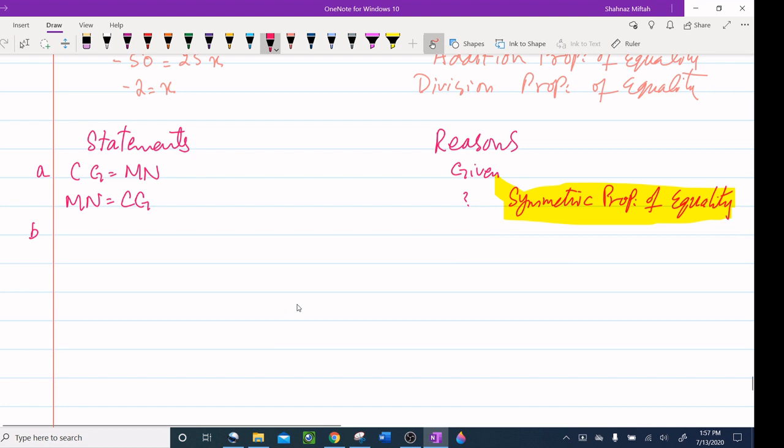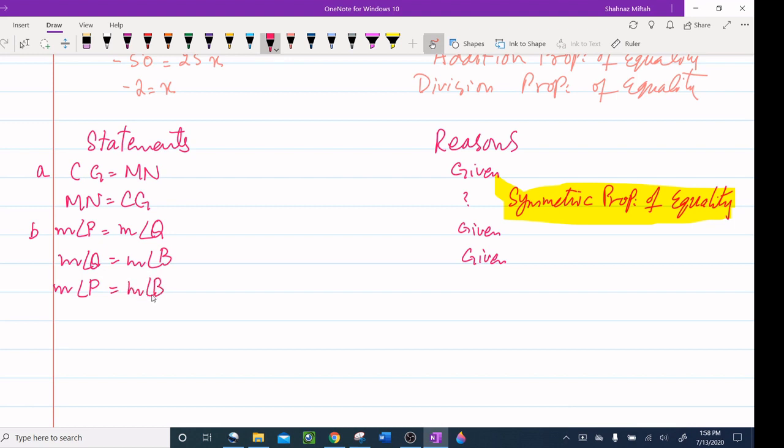Okay, let's go back. Part B said measurement of angle P is equal measurement of angle Q, and they already said it's given. Then it said measurement of angle Q is equal measurement of angle B, which they are telling me is also given. Then they said measurement of angle P is equal measurement of angle B. What is this?